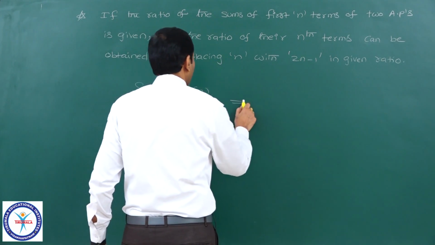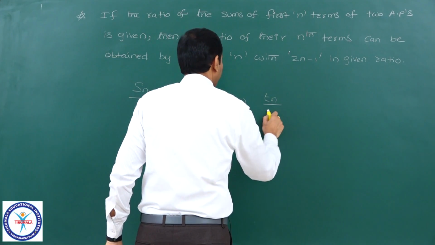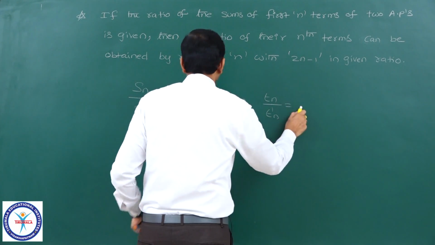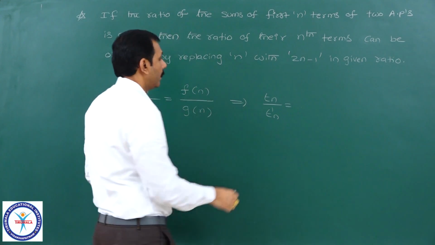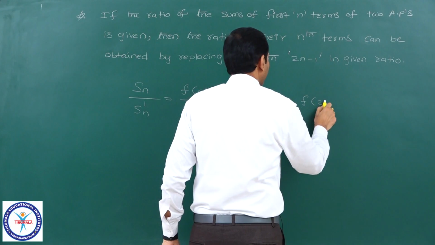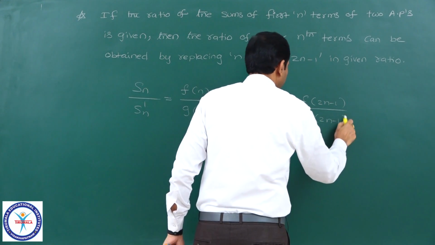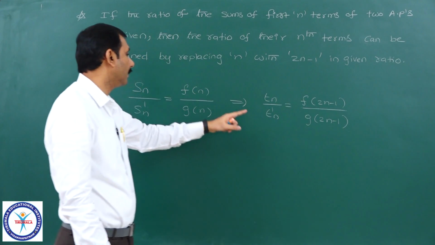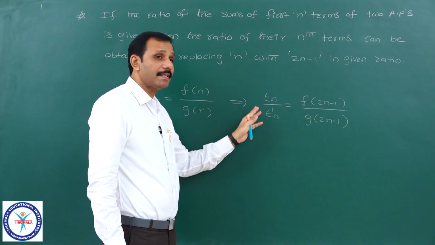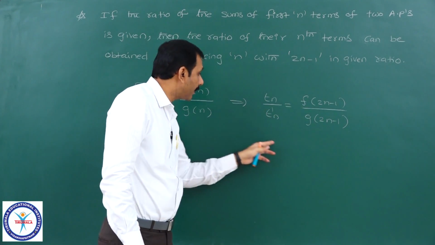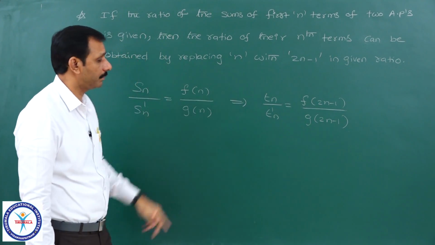That implies if I want Tn by T prime n, just replace n by 2n minus 1, it will become f of 2n minus 1 by g of 2n minus 1.